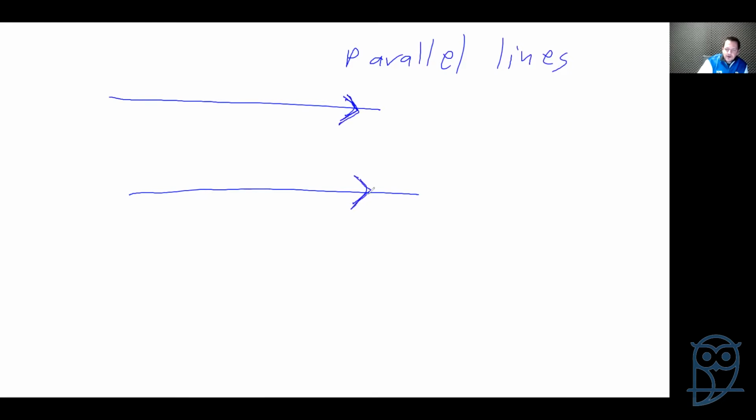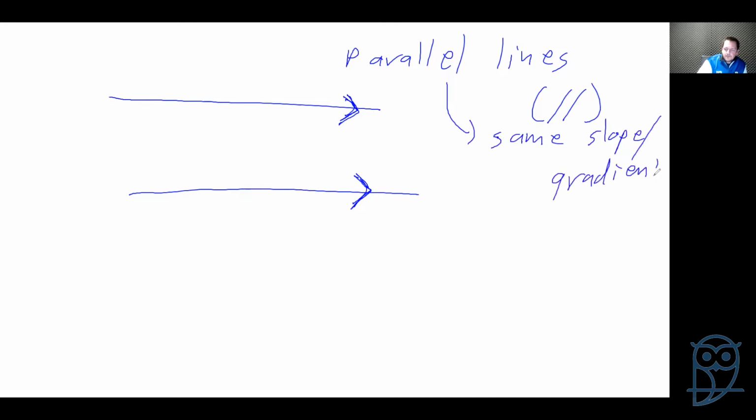So they have arrows on the lines, and the symbol for parallel is actually that, which is two parallel lines. So what are parallel lines? They essentially are lines that never touch. They are lines that have the same slope or same gradient. So they just keep on going, and the distance between them will always remain the same.